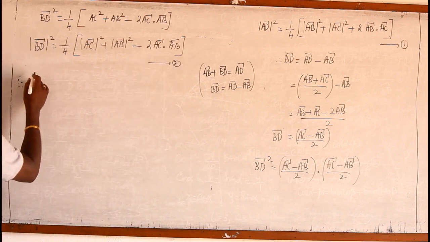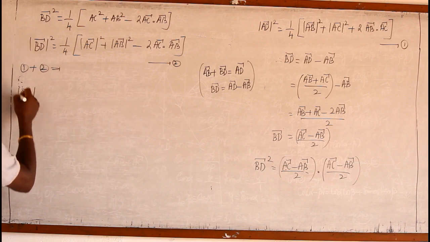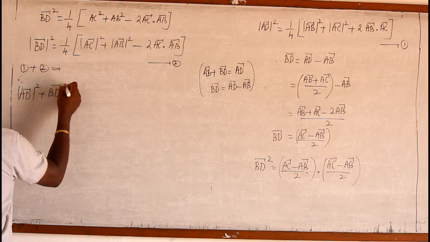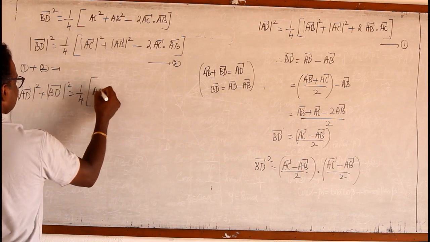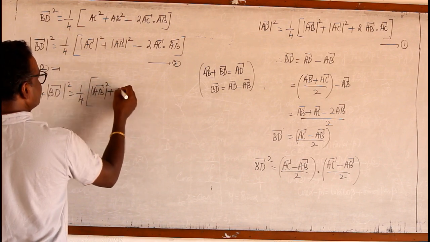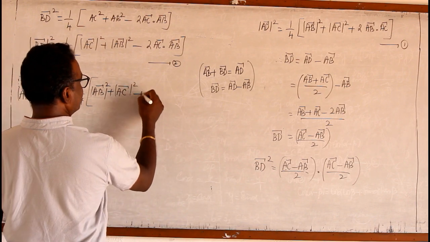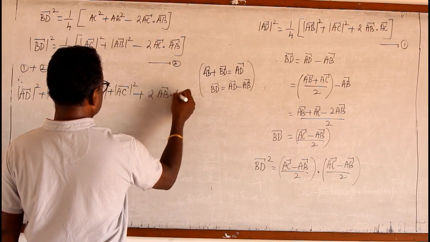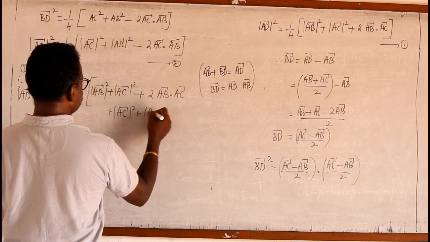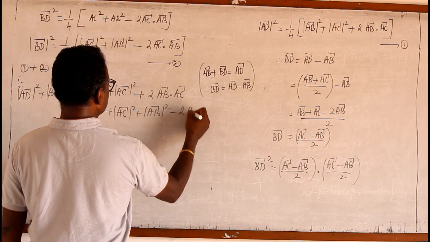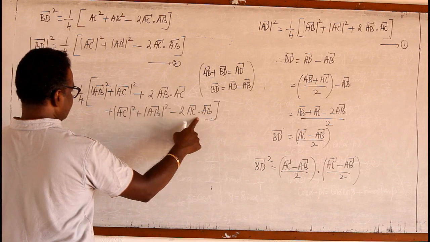So we shall keep this one as 1, and we kept already that one as 1, so this one as 2. Therefore 1 plus 2 implies AD square plus BD square equals 1 by 4 is common. What is that? AB square modulus plus AC square plus 2 AB dot AC plus AC square plus AB square minus 2 AC dot AB. Whether it is AB dot AC or AC dot AB, both are equal.